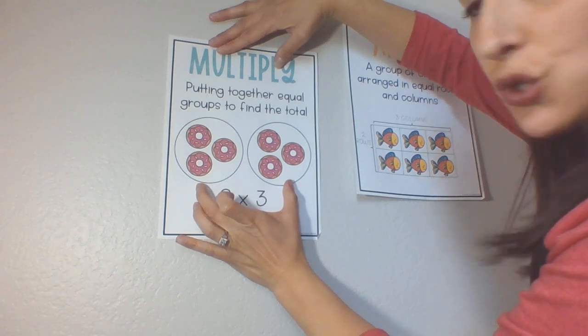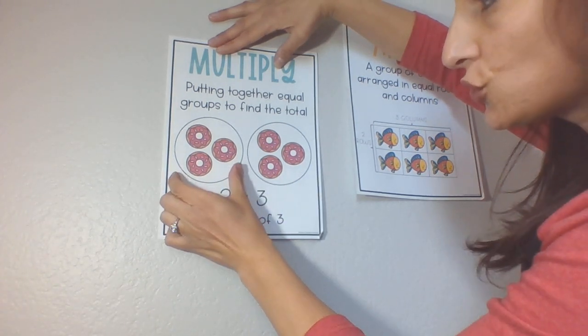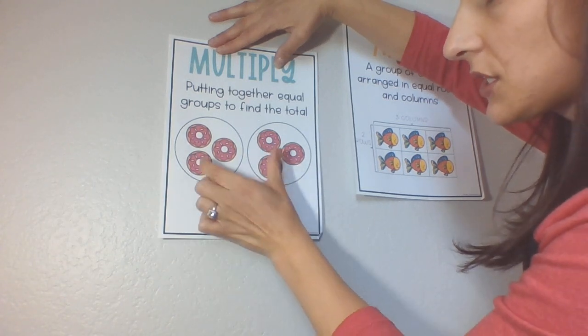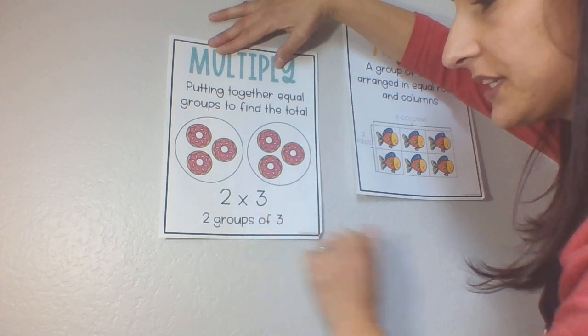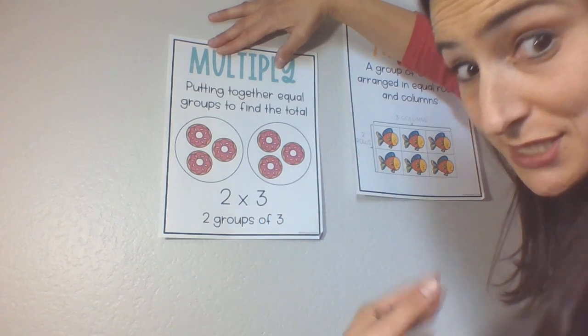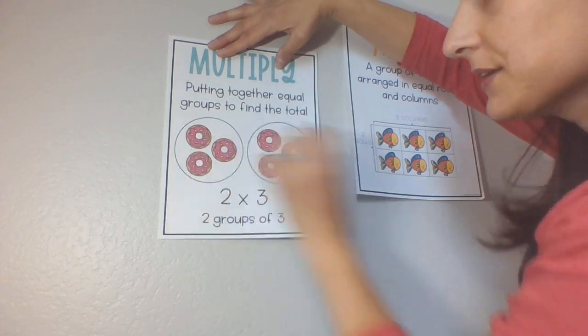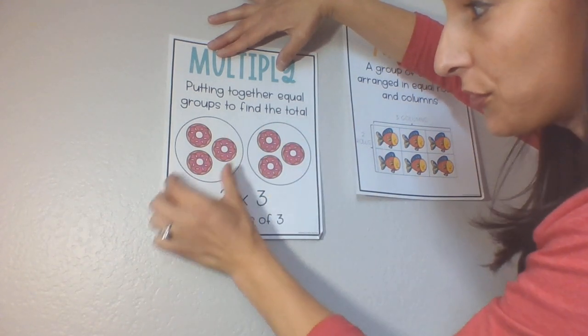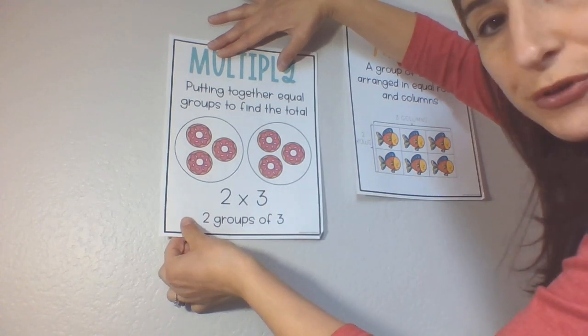I have 2 groups of 3 in each group. 1 group, 2 groups. 2 groups with 3 in each. I'm going to use repeated addition, skip counting. I'm going to say 3 and 3 more is 6. So 3, 6. 2 times 3 is 6. 2 groups of 3. So that's multiplying.